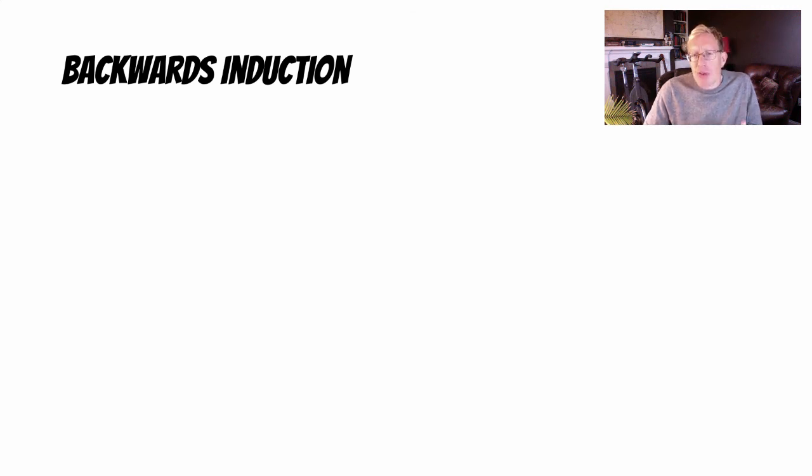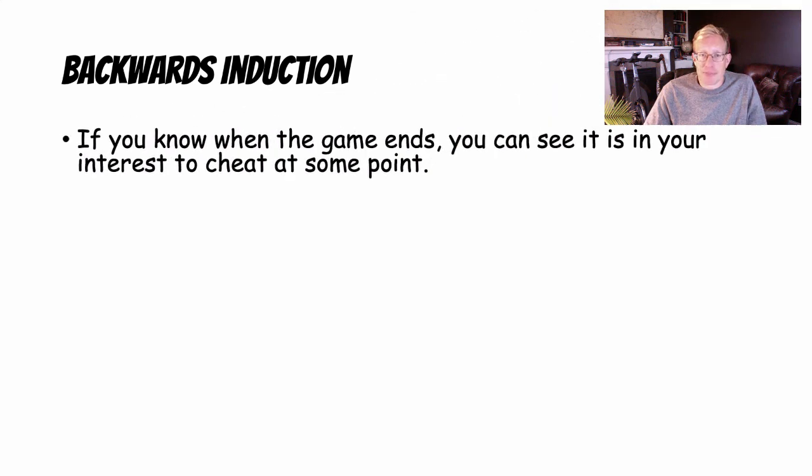But what happens if you have a game that's repeated and you know the firm end of the game? So there's a clear date in the future when the game will end. This could lead to the unraveling of a cooperative strategy as well through a process we call backward induction.